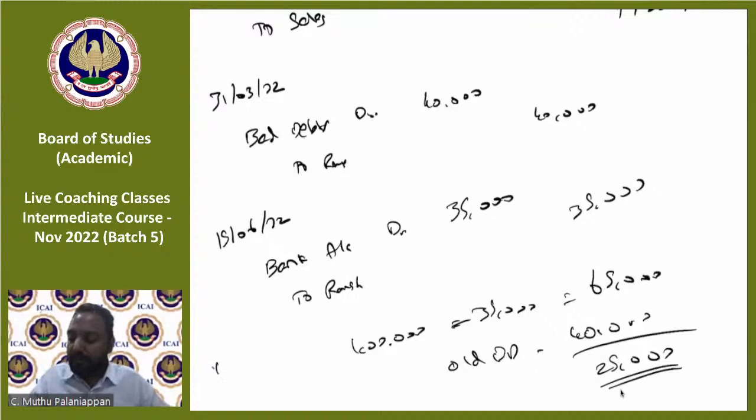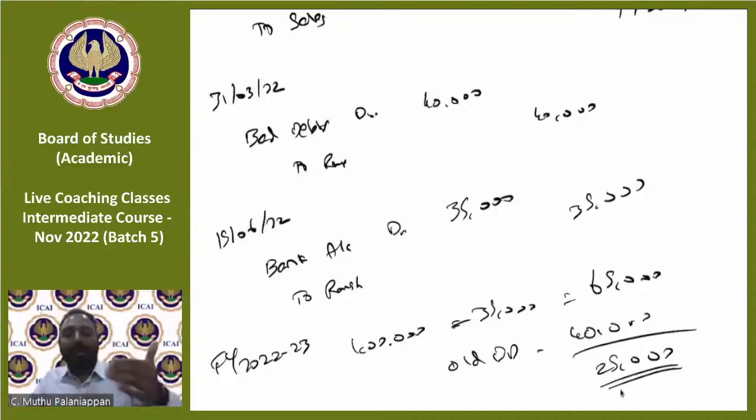So in the financial year 2022-23, I can claim another 25,000 as bad debt. Why? I have already considered 40,000. Now, according to the current statement, 65,000 is outstanding and it is not going to come. So I'm going to increase my bad debt by another 25,000. So that's what it says.